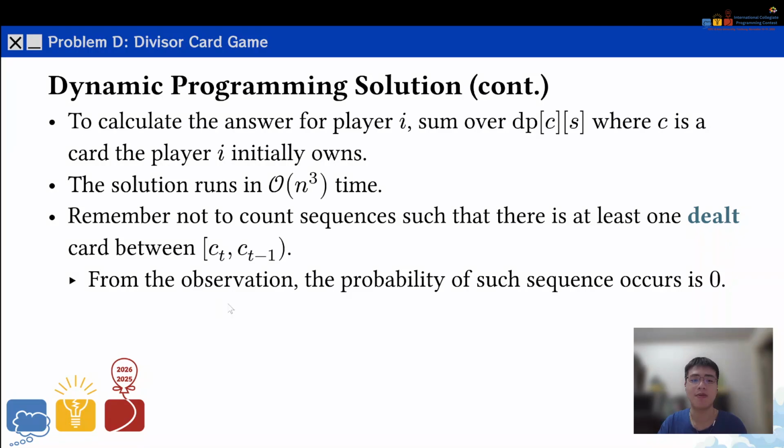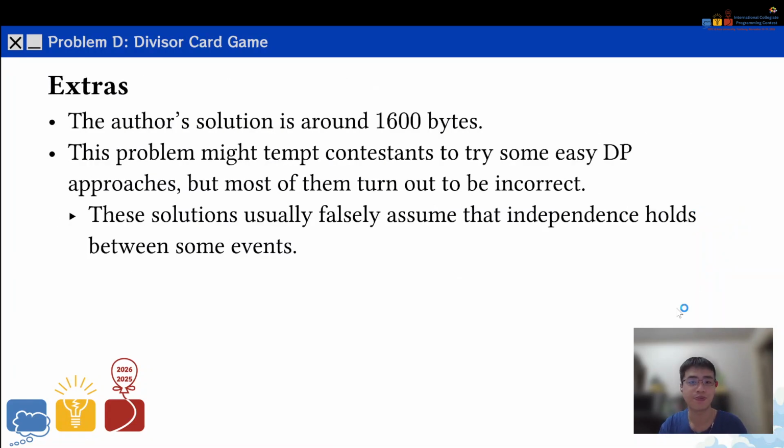So the probability of such a sequence occurring is 0. The author solution is around 1600 bytes, which is not very long.